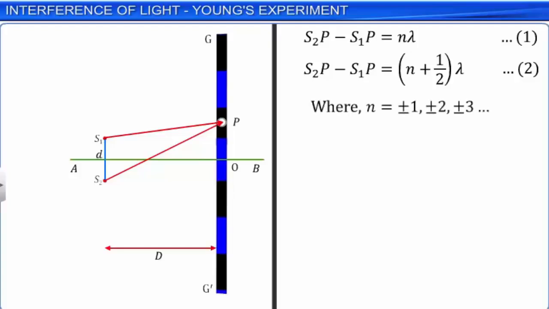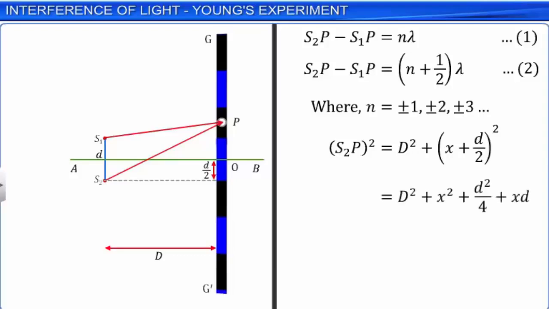From the diagram, as shown, we can write that S2P square is equal to D square plus (x plus d by 2) whole square. This is equal to D square plus x square plus d square by 4 plus xd. Similarly, S1P square is equal to D square plus (x minus d by 2) whole square.